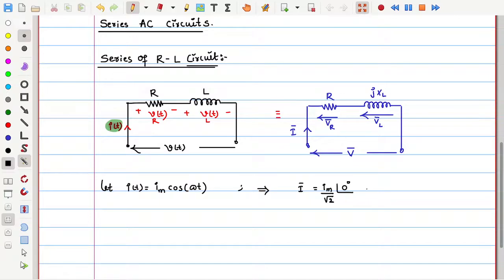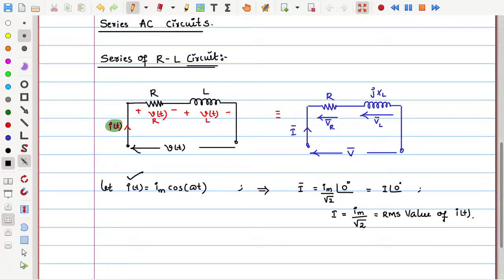Instead of writing Im by root 2 every time, I will simply write this as I at an angle of 0 degrees. What is I? It is the RMS value, Im by root 2, where Im is the peak value of the current I of t.